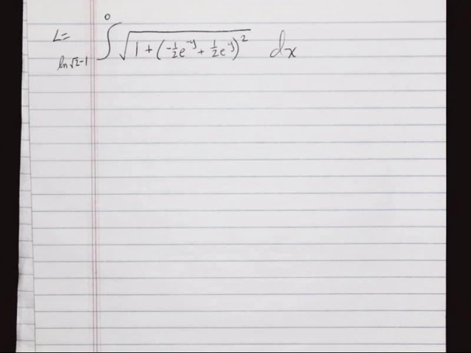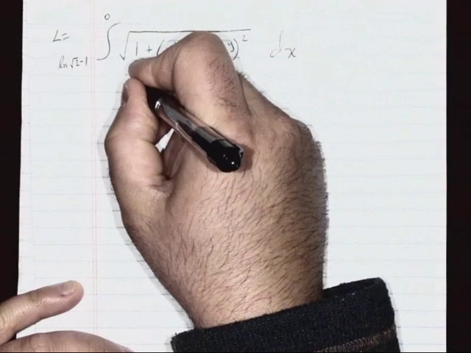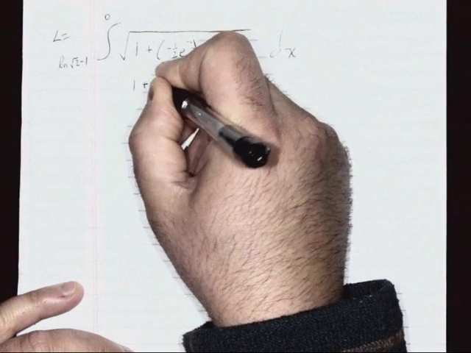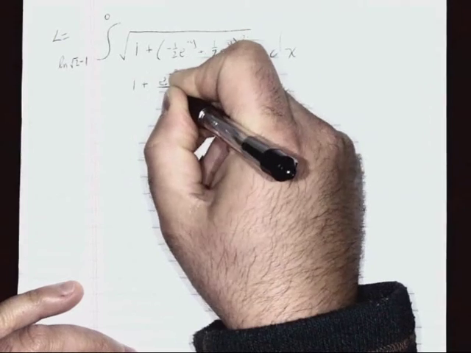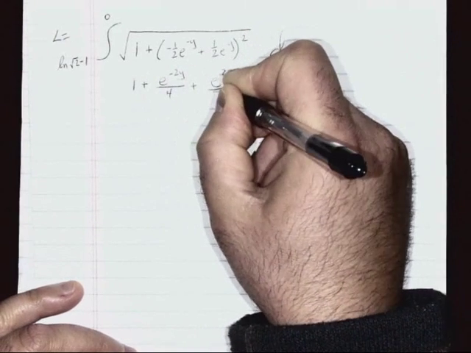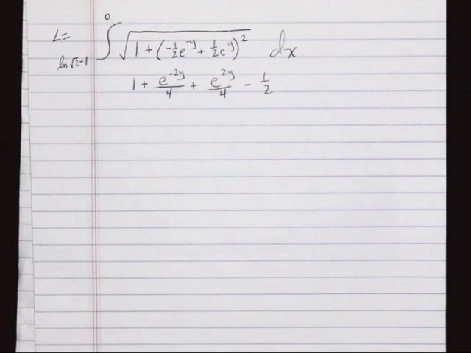Basically expand that with FOIL, whatnot. So we should end up getting 1 plus e to the negative 2y over 4 plus e to the 2y over 4 minus a half.